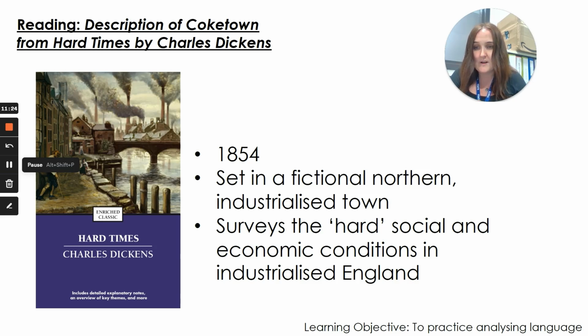It's very industrialised. You can see all the factories, all the smoke coming out of the chimneys. The book is all about how difficult the economic and social conditions are in industrialised England. And we know this from A Christmas Carol: life is very difficult for the working classes during the Industrial Revolution.